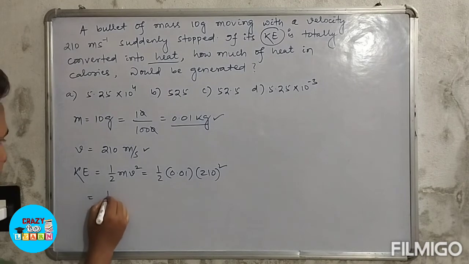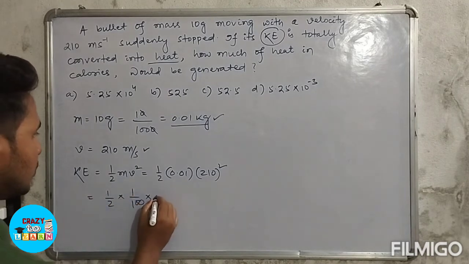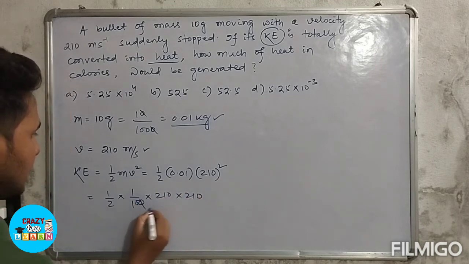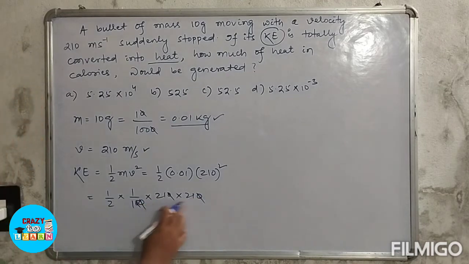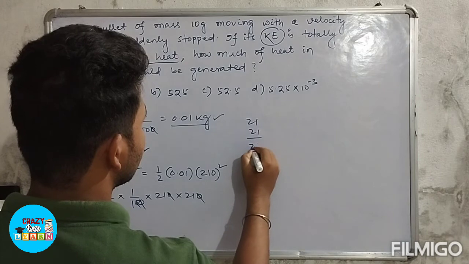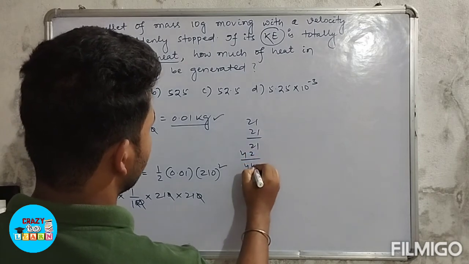If we solve, we get half into 1 by 100 into 210 into 210. So 10 and 10 cancel here, 10 and 10 cancel here. So 21 into 21, what will you get? 21 square is 441.